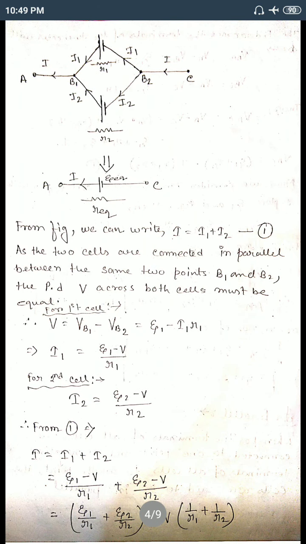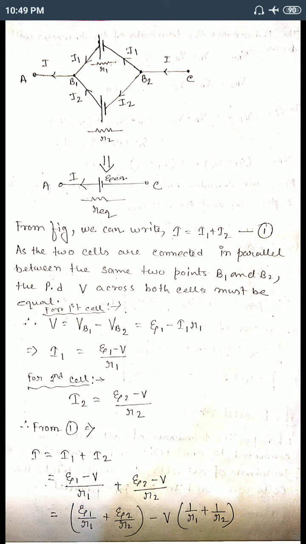But in this case, the potential V is the same because they have two common points, B1 and B2, for cell 1 and cell 2. But the currents are different because they have different EMFs, E1 and E2. So the current through E1 is I1, through E2 is I2.